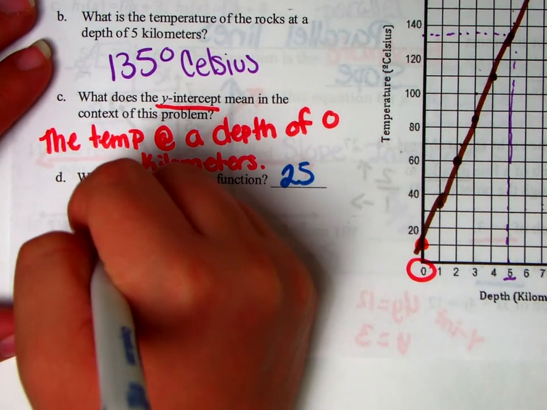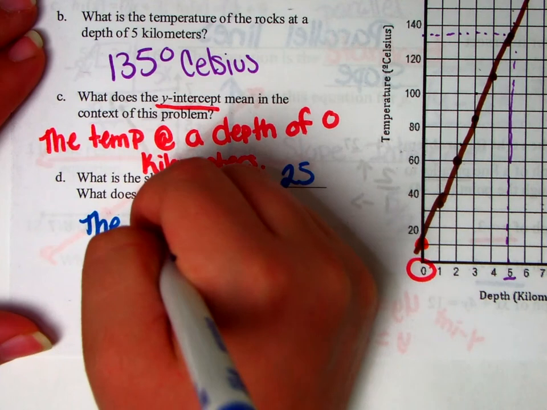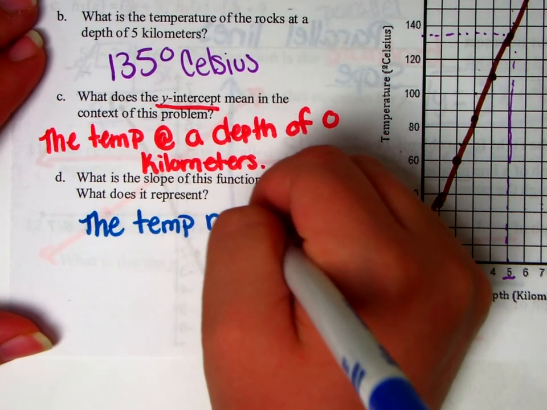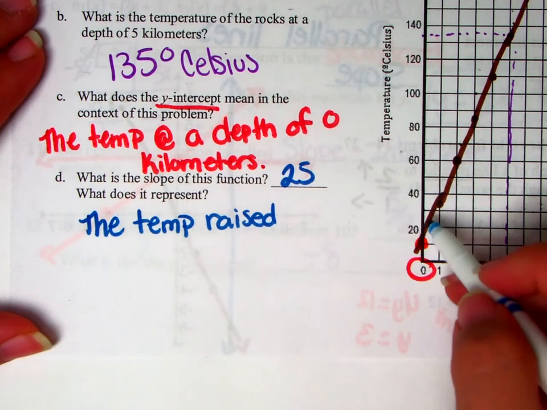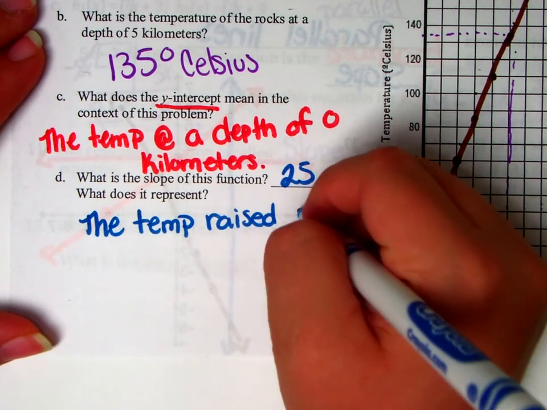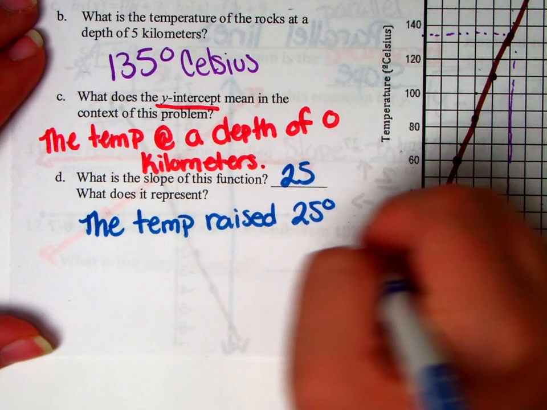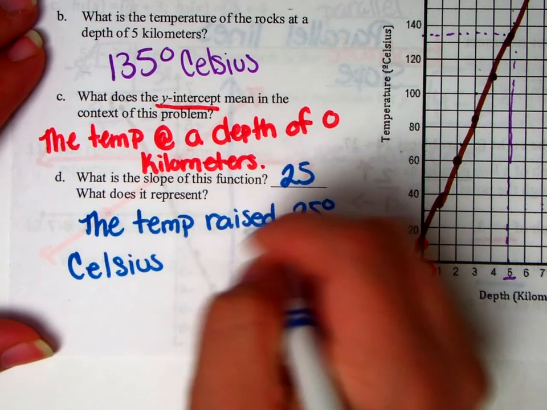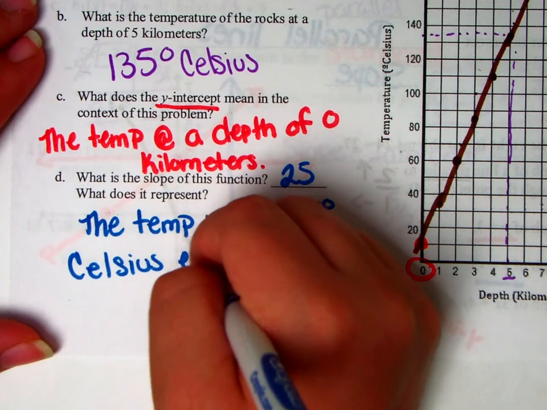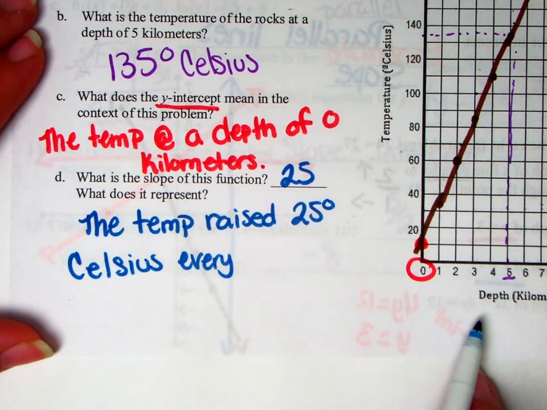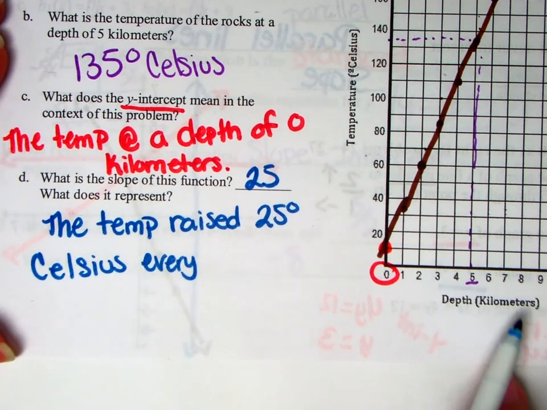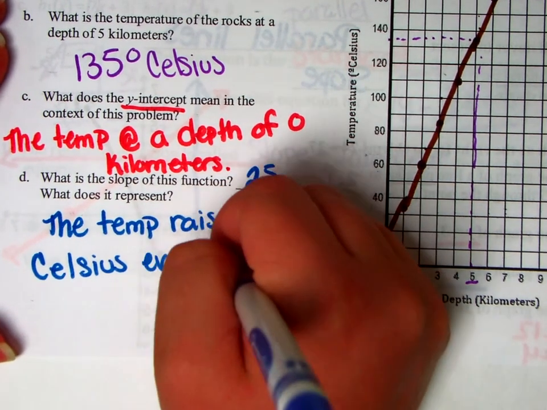So the temperature, and I'm just going to put temp, raised, because it's a positive slope, it's getting bigger, 25 degrees Celsius every what? What are we talking about in our y, or in our x? Every kilometer.